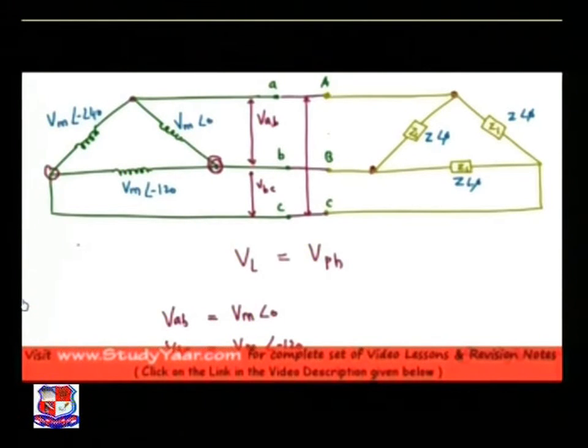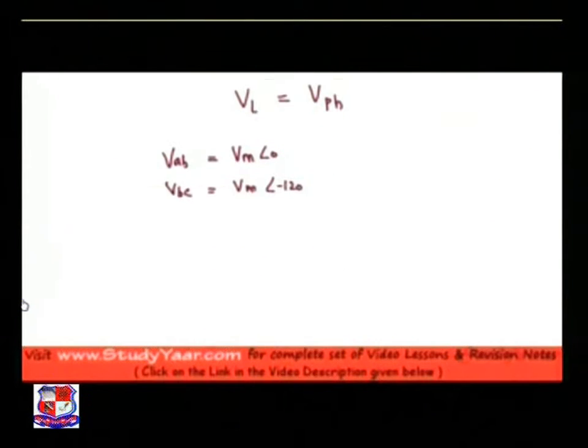And my VCA is between point C and this point, so it is Vm angle minus 240. So VCA is equal to Vm angle minus 240.